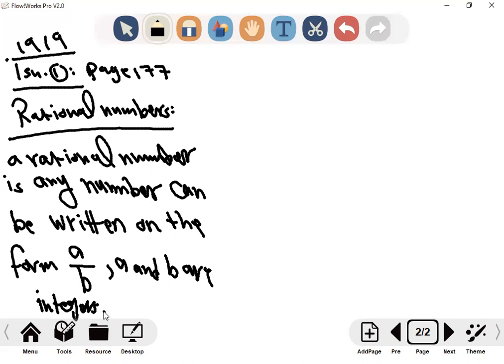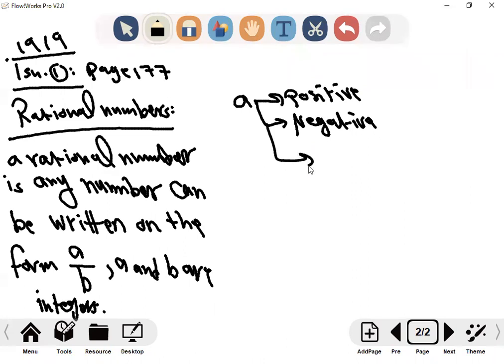This is what we call it, rational number. But we have condition on B, only B. A can be any number. Can be positive, can be negative, and can be zero. The integer can be positive integer, negative integer, or what? Or zero. So A can be positive integer or negative integer or what? Can be zero, right? But B cannot be zero.